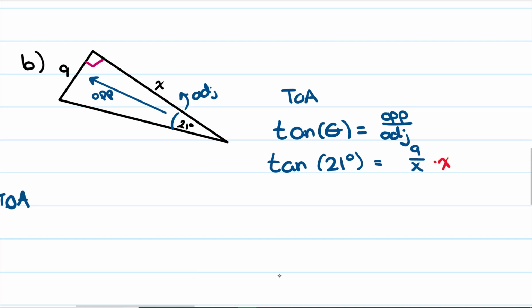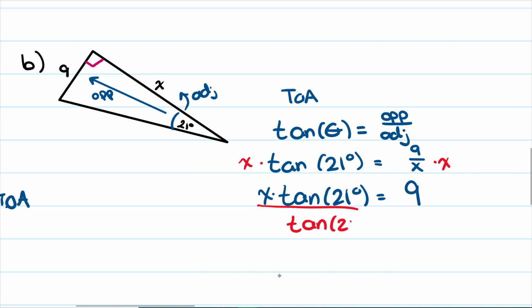So I multiply both sides by x. X tangent 21 degrees is equal to 9. And then I'm going to divide both sides by tangent 21. And then these are going to reduce off.